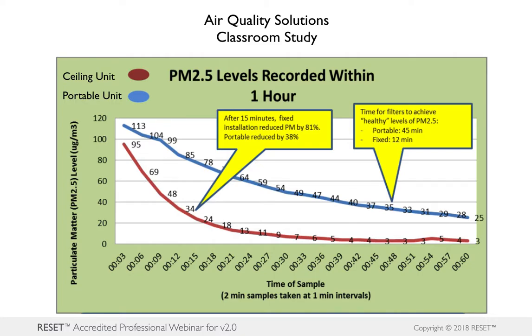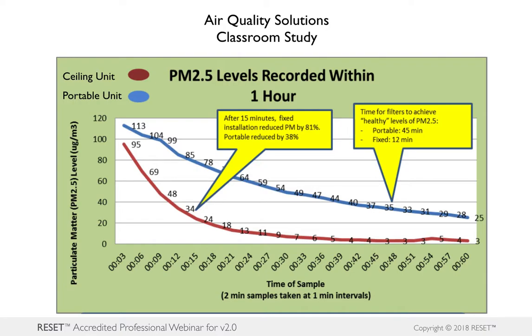So both rooms start at around 100. And again, this is looking at PM levels. So starting at about 100, the portable unit reduced the levels of particulate matter to what is considered by the World Health Organization's healthy limit. And it did that in the course of 45 minutes.